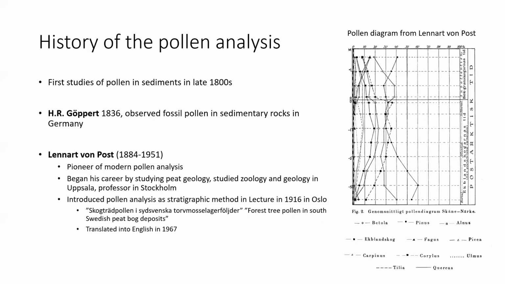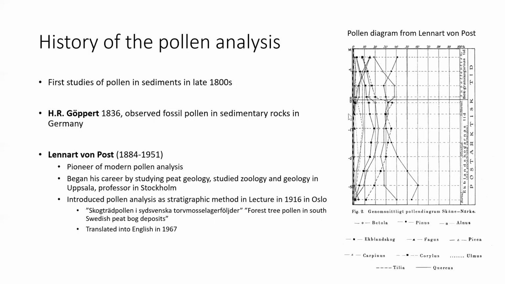So the start of pollen analysis as a method is often traced back to his lecture in 1916 in Oslo, where he presented his diagram of forest tree pollen in a South Swedish peat bog deposit.